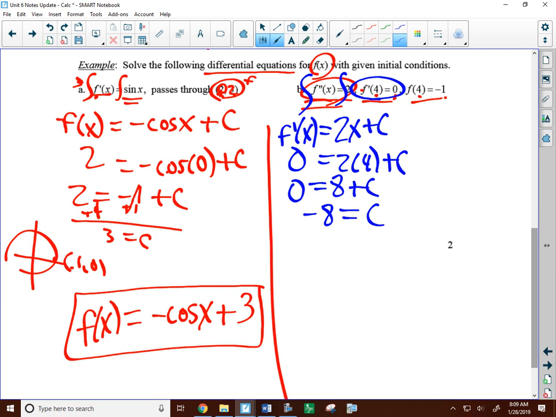Oh, got you. The 4 I plugged in is the x value for the derivative, that's the y value for the derivative. Now I'm just plugging in negative 8 for c.